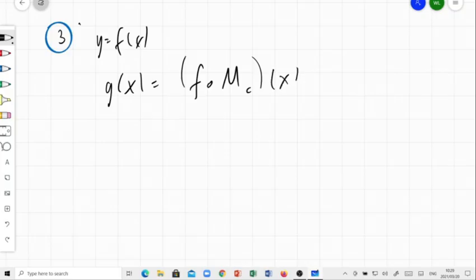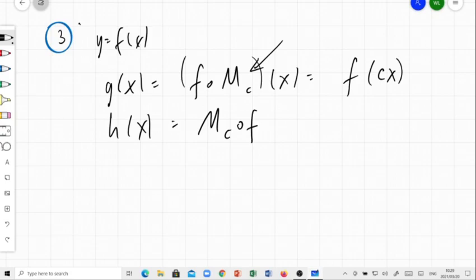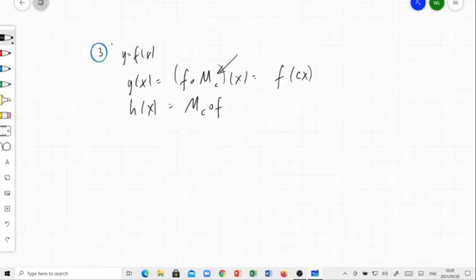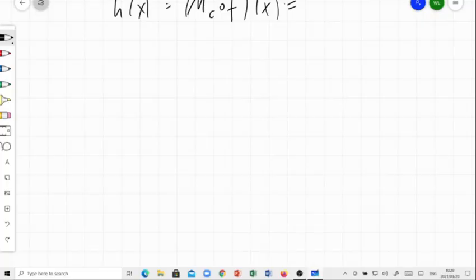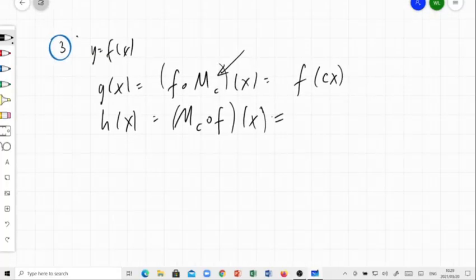In this case this one acts first, so it multiplies x by c, and then f acts last, so we get f of c x. And then let's say I flip the composition, so it's m_c of f. When I do this, I end up with c times f of x, because f acts first, so I get f of x, and then I multiply by c.